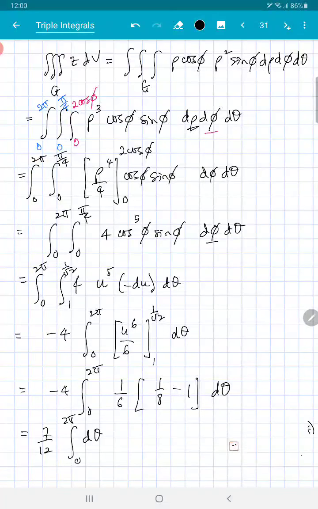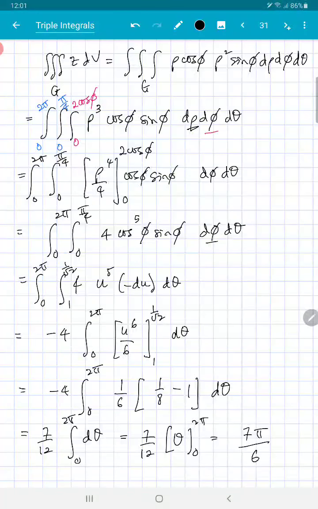Now integrate d theta, we get theta, the last step there. So we have 7 over 12 theta, 0 to 2 pi. From here we get 7 pi over 6. So that is the answer for question number 20 from tutorial 8. Thank you.